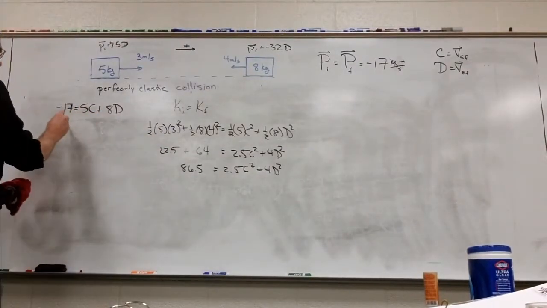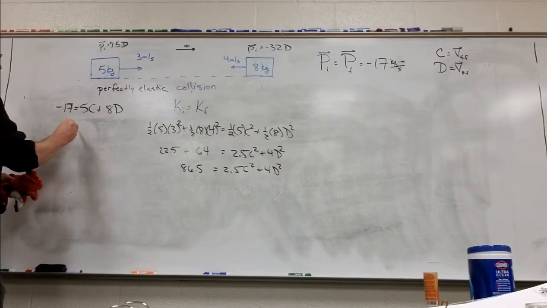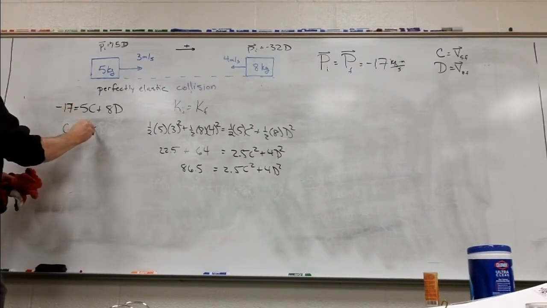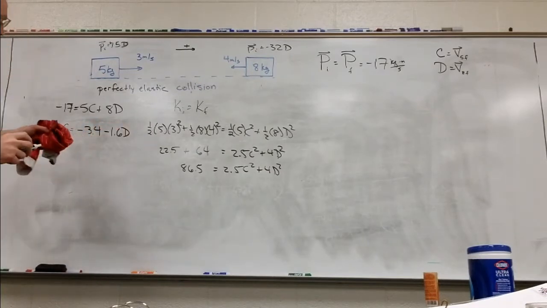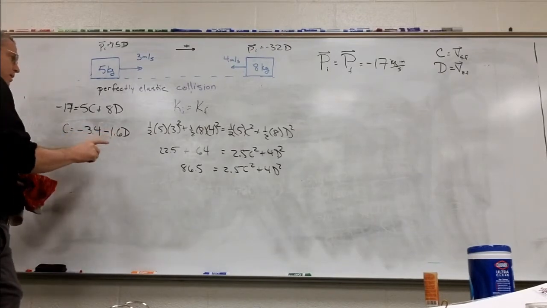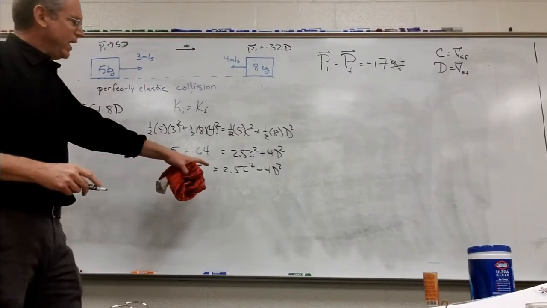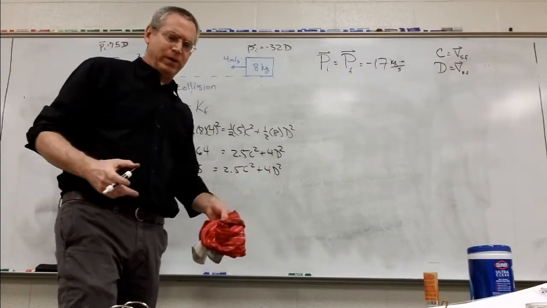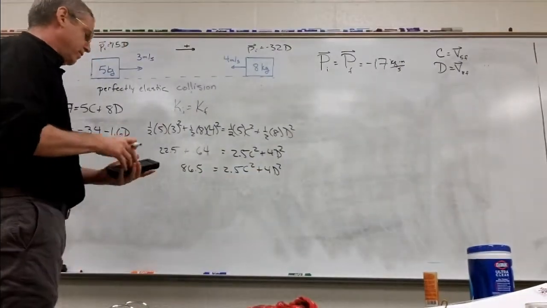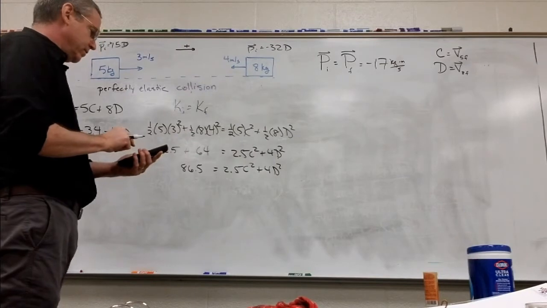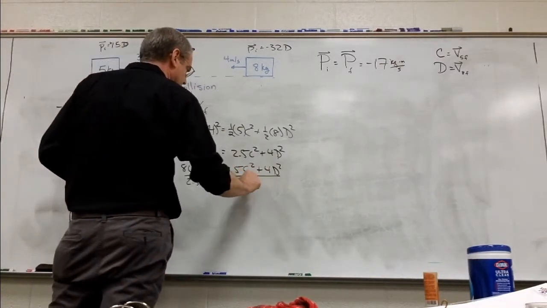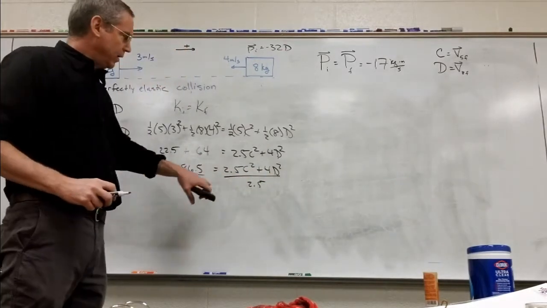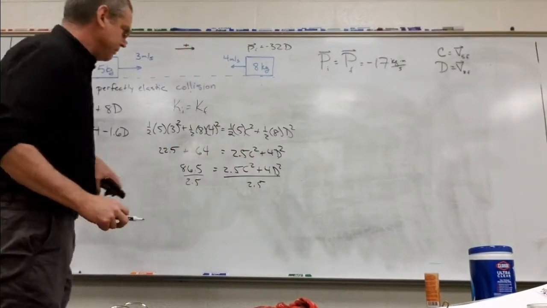So as before, I know that C is equal to negative 3.4 minus 1.6 D. And over here, we can just divide by 2.5. We're dealing with decimals right here. So if I divide everything by 2.5, that divides each term by 2.5.